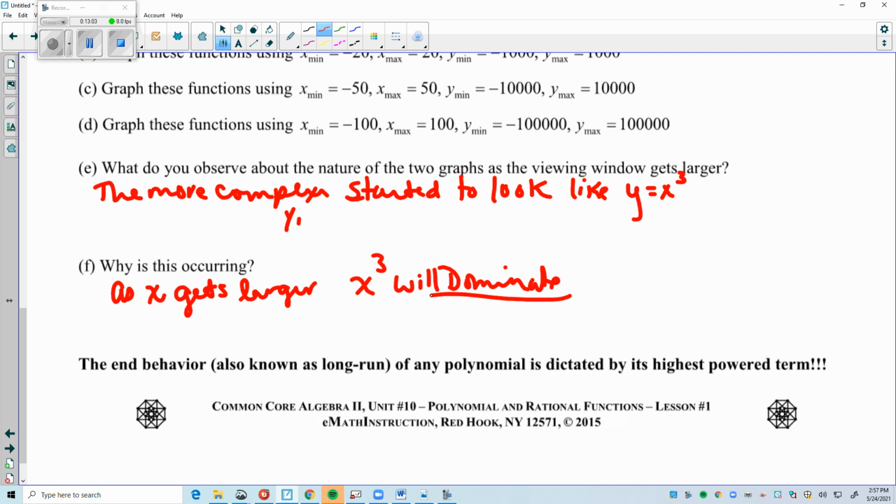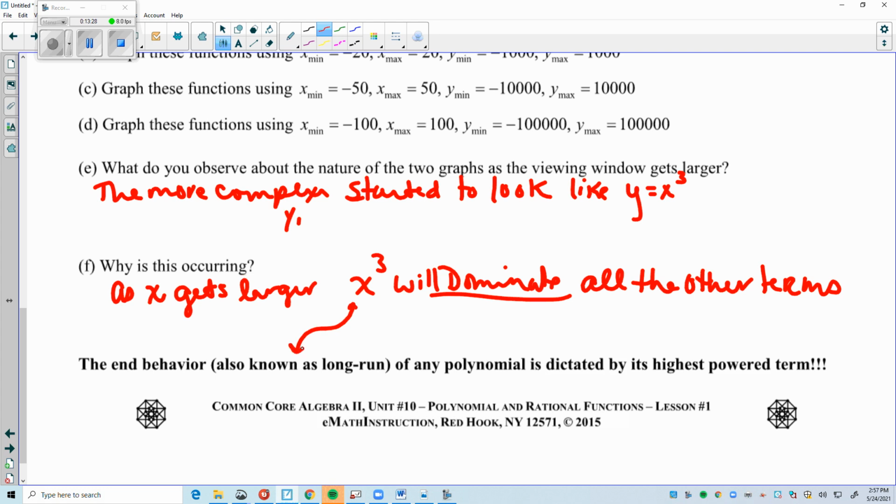It's going to dominate all the other terms. Meaning when I have an x cubed graph, no matter if it's just plain old x cubed or x cubed with a bunch of other things happening, in the end, it's all going to have that same looking graph.